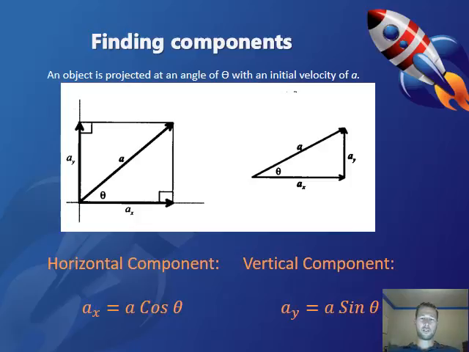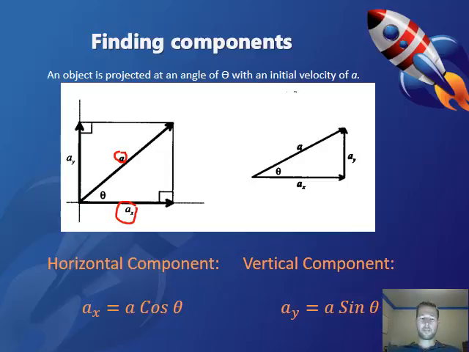To find the horizontal component, which on our diagram on the left is the horizontal component of our vector A, in the middle, we denote it as A with a subscript X. We can also use the subscript H for horizontal.